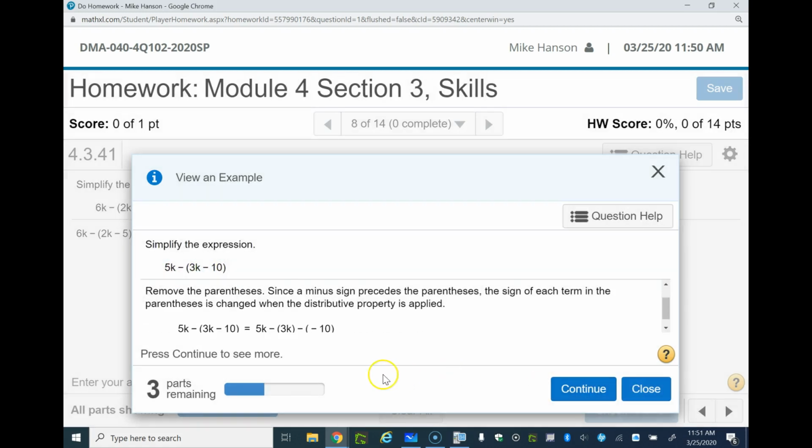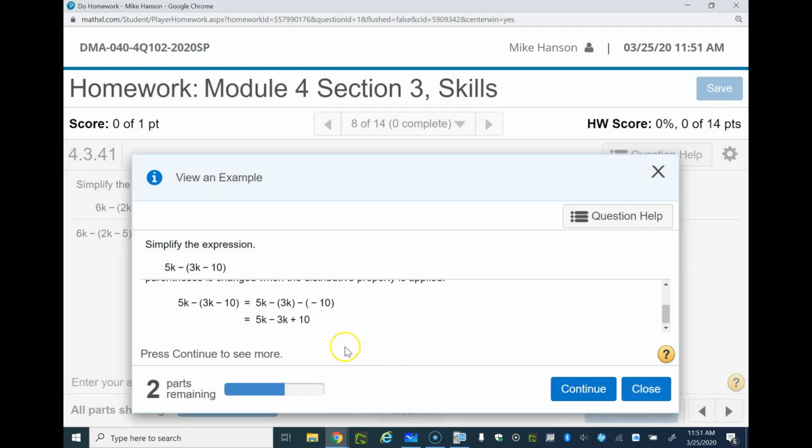So if we take this negative 1 inside, this negative 1 times this positive 3 makes a minus 3k. This negative times this negative 10, these two negatives create this positive, and we have the 10. So here's the two negatives that make the positive, and then this negative here tacks on here. So this one here, once we distribute in, becomes a minus, becomes a plus.